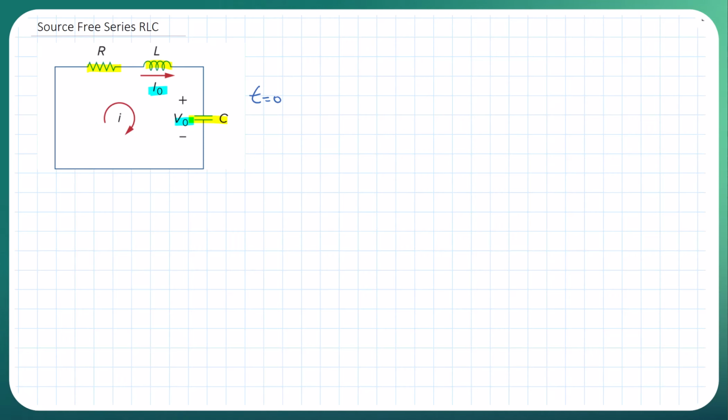So let's represent these as V of 0 as 1 over the capacitance, and we want to integrate from minus infinity to 0 of I dt, and that's going to equal V0. And then I of 0 is just going to be I0.